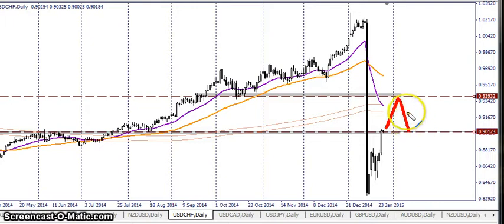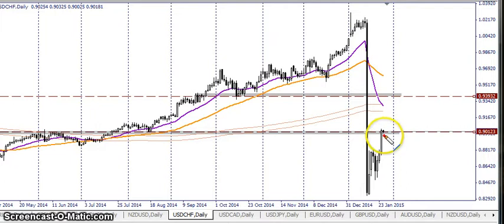However, this is only a counter trend trade. Okay, so we're not trading with the trend here at all. I mean, you don't even have to trade this pair, but I believe the only opportunity to make money with this currency pair, let me just take that off, is to wait for pullbacks.